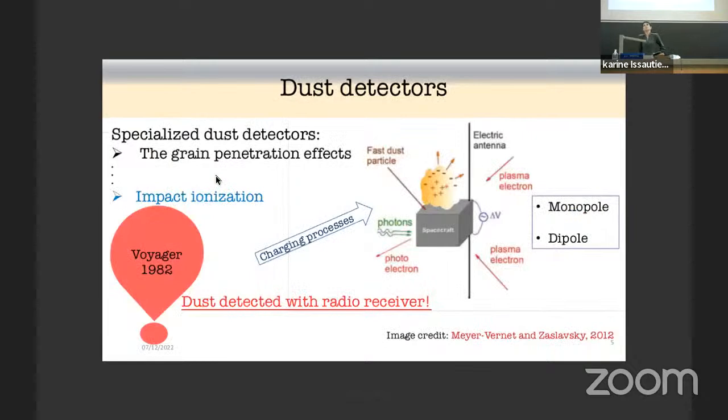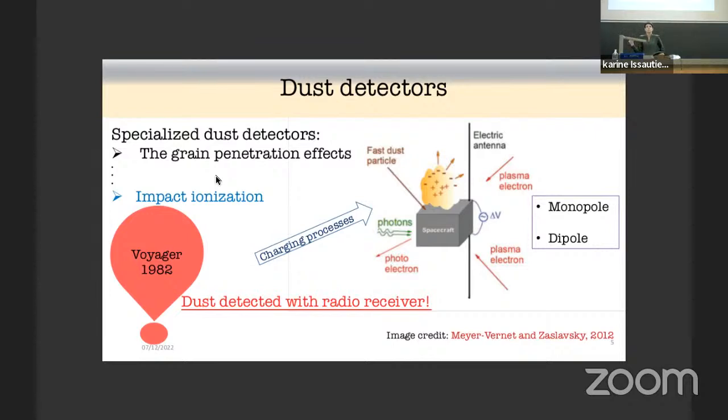Okay, how do we know all of this? For ages now, we have been detecting dust in situ with specialized dust detectors on spacecraft. Over time they evolved, but what was really interesting was in 1982, when Voyager crossed a planet and detected a really sharp signal.